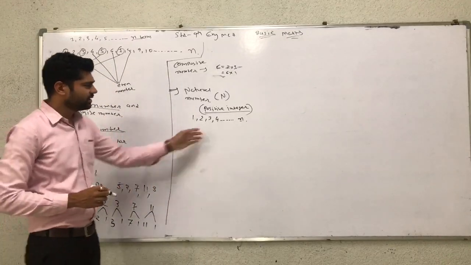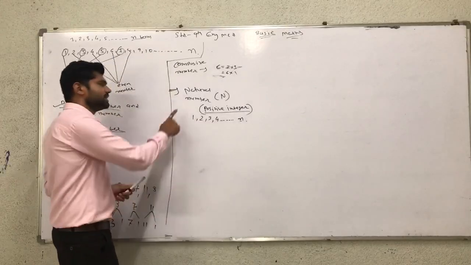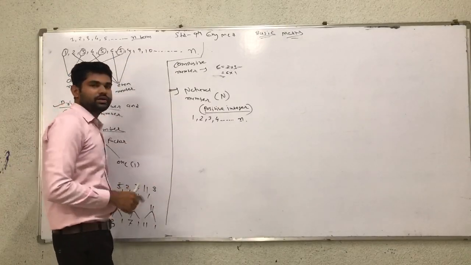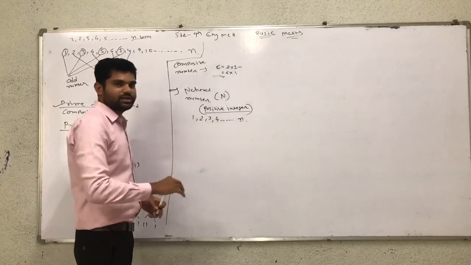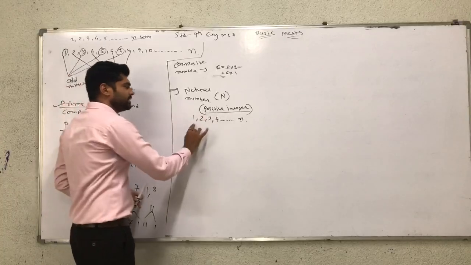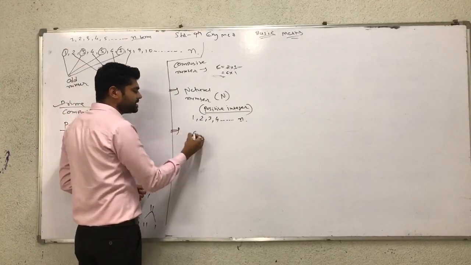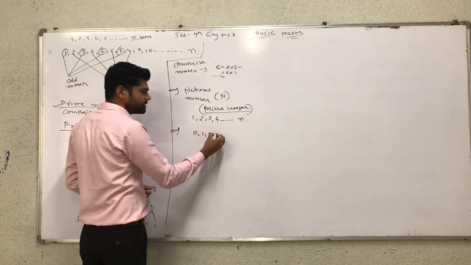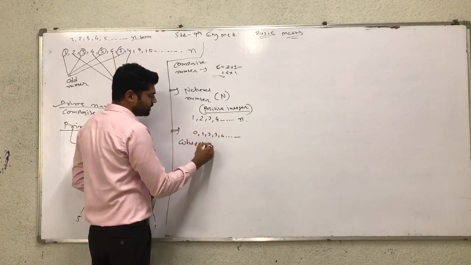It does not end with one number, the sequence continues going. So natural numbers are denoted by capital N and contain only positive integers. Now this natural number added with 0, natural number plus 0, is known as a whole number.